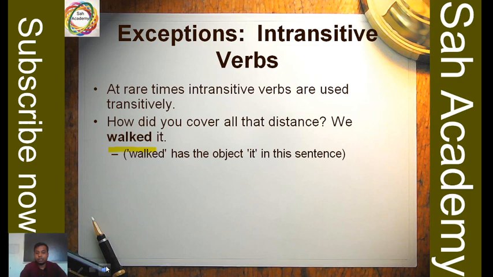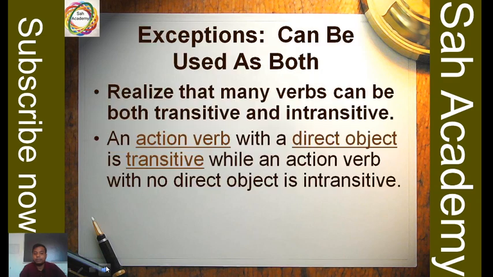Realize that many verbs can be both transitive and intransitive. An action verb with a direct object is transitive, while an action verb with no direct object is intransitive.